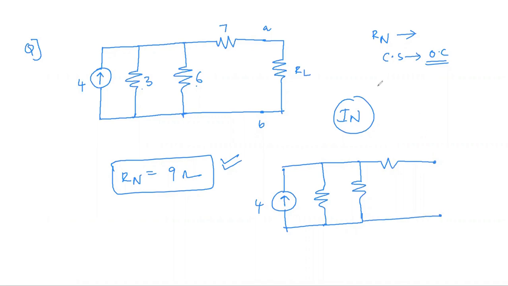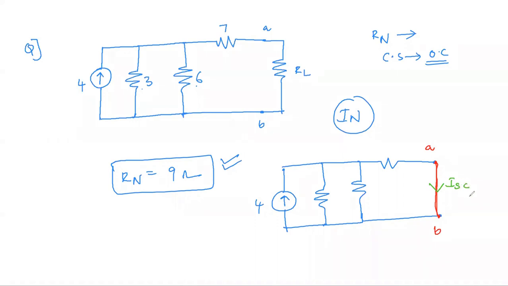Two terminals are A and B. Here, previously we kept it as open circuit and found the voltage. Now we should not keep it as open circuit. If you keep it open circuit, no way you can find the current. So we have to make it a short circuit. For Norton we make it a short circuit and find the short circuit current.